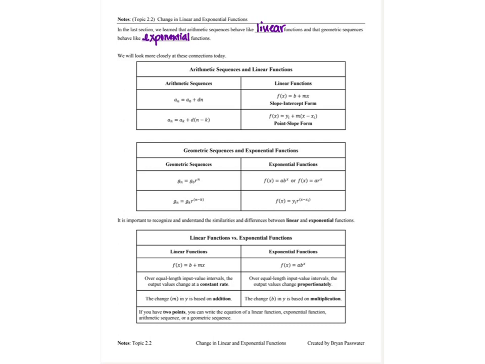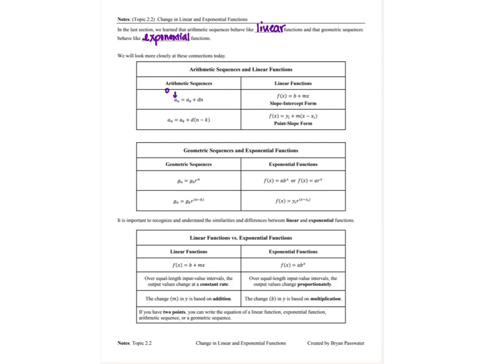We looked at yesterday arithmetic sequences. We've got two different equations for arithmetic sequences. Okay. The top one is really my favorite. It says I can find any value a sub n. So this is the output.